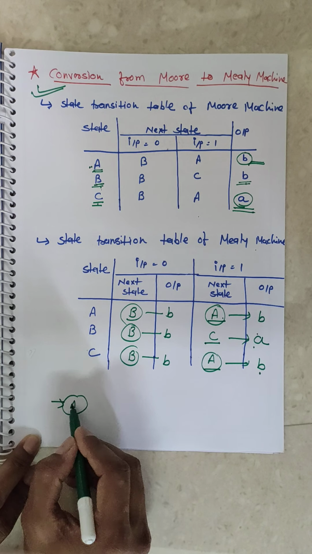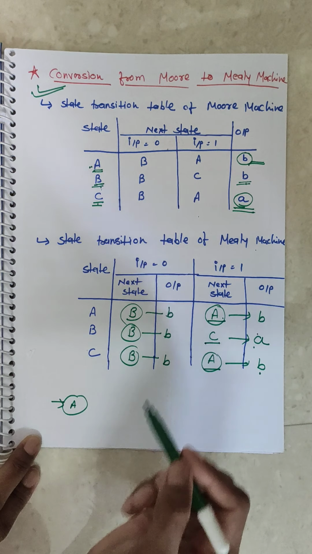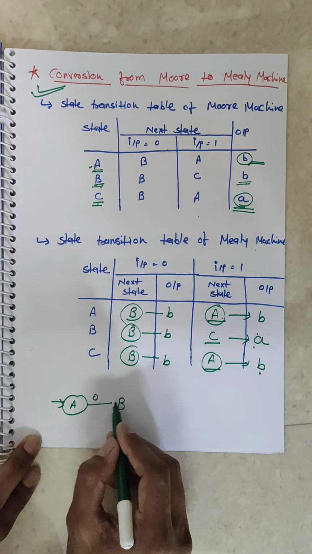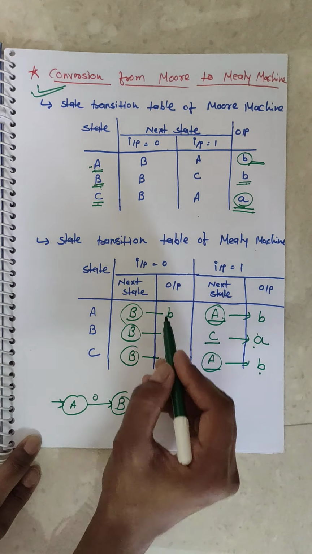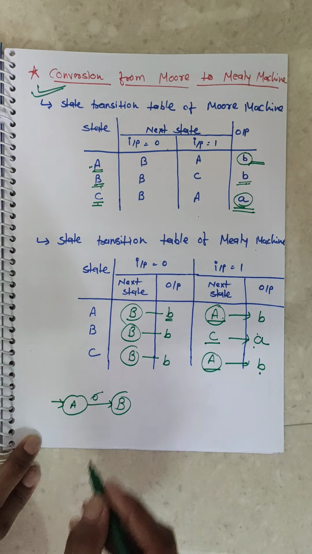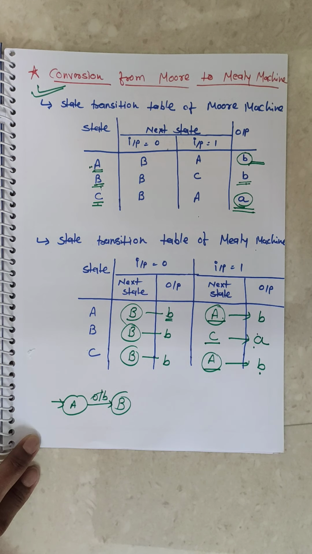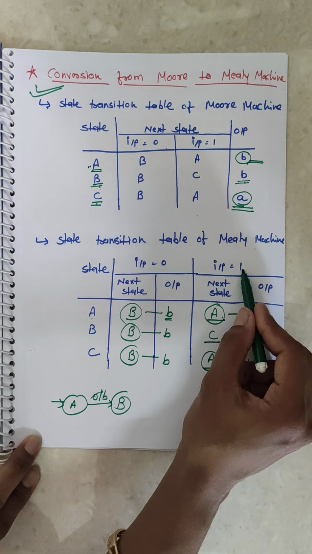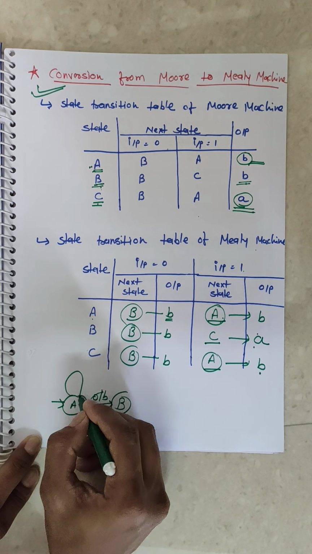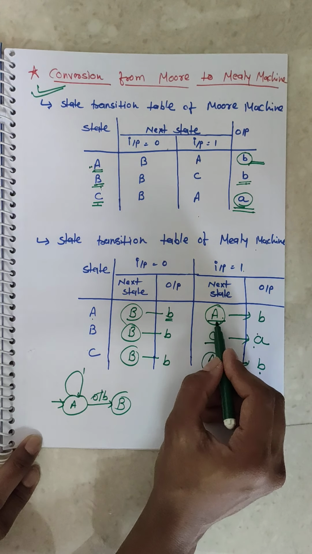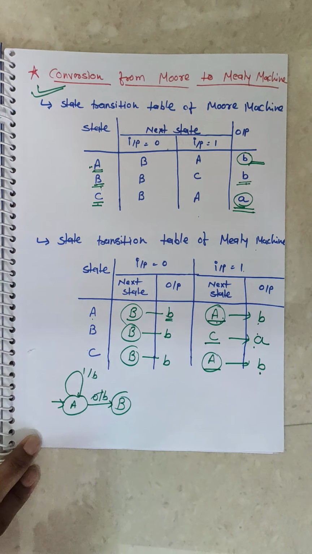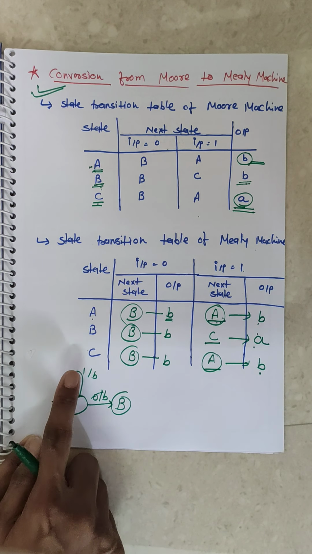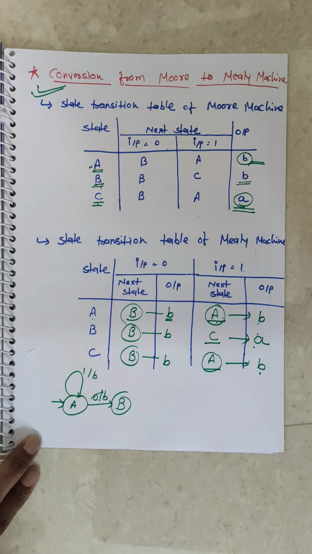It's A. If we give the input 0, the next state is B, and the output is B. Now for the state A, if input is 1, then the next state is A and the output is B. As we know, the Mealy machine depends on the input as well as the current state, so we write the output with the input and state.